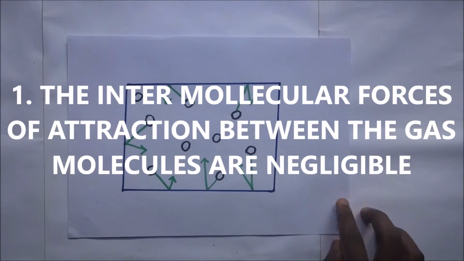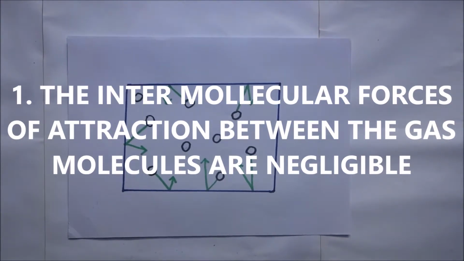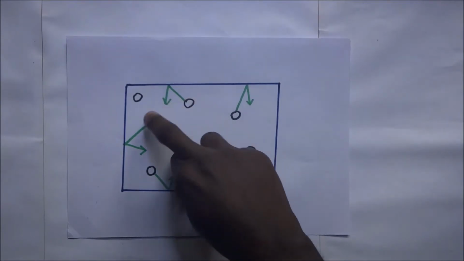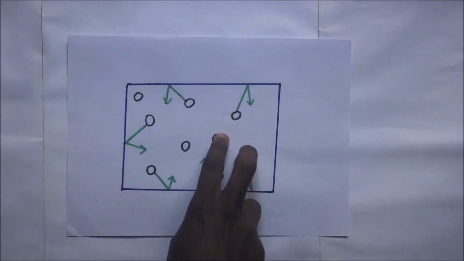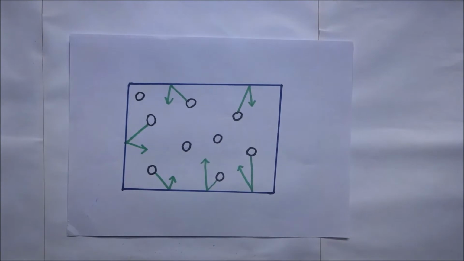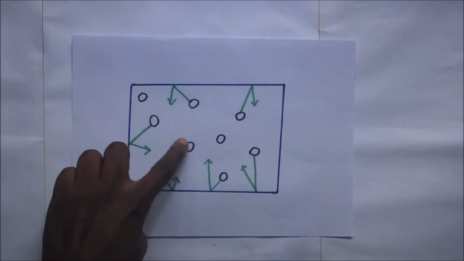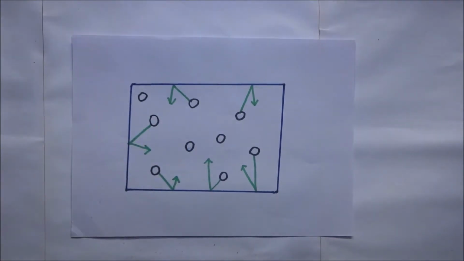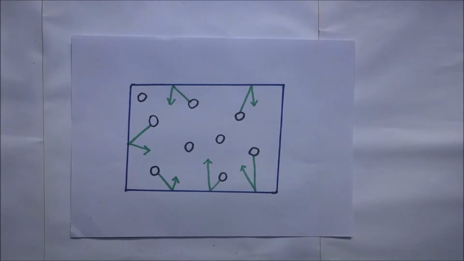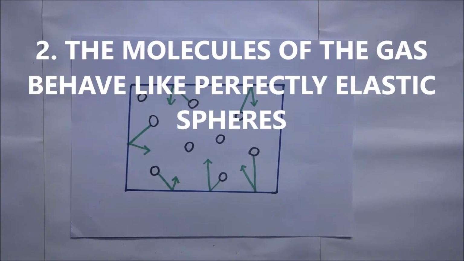Remember, when we are talking about ideal gases, we're not talking about real gases. In real life, a real gas will have these intermolecular forces of attraction at work. But when we deal with an ideal gas, the theoretical model is such that these intermolecular forces of attraction do not exist. Then two, the molecules of the gas behave like perfectly elastic spheres.